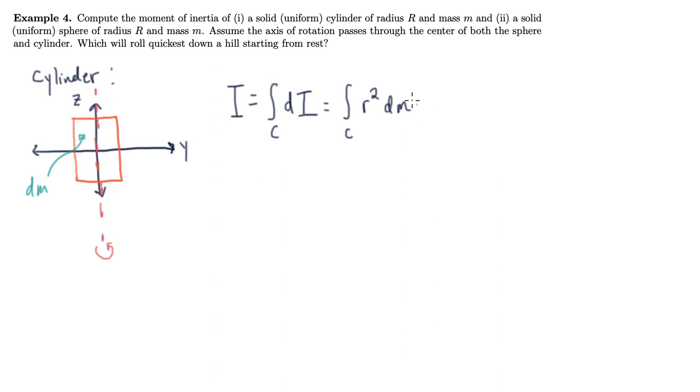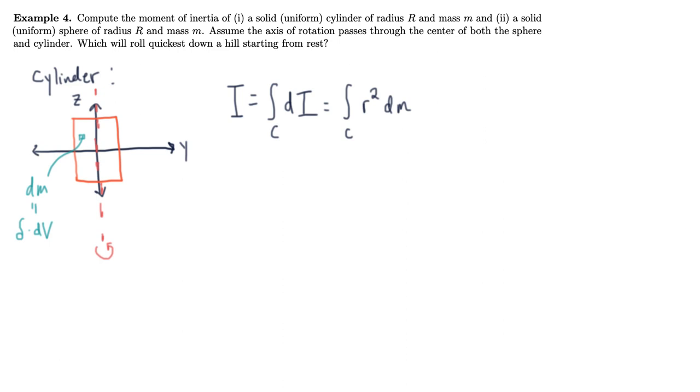So I really am just taking a small little mass element, which, recall, is the density times the volume element that's making this up. And then I'm just going to add all these mass elements up, or in other words, because it's a uniform cylinder, I can just add up all the volume elements because the density will be constant, using cylindrical coordinates.